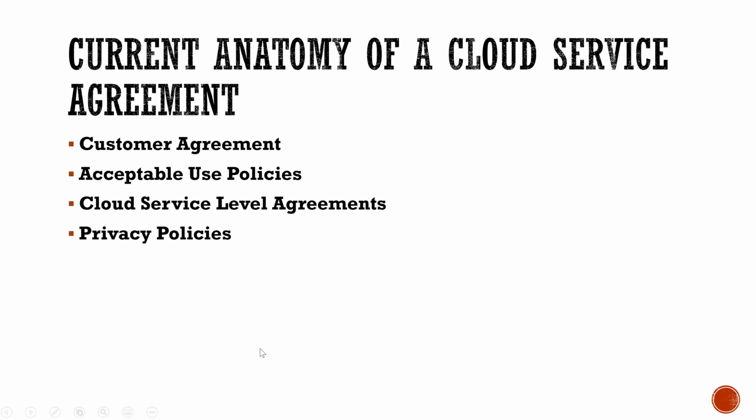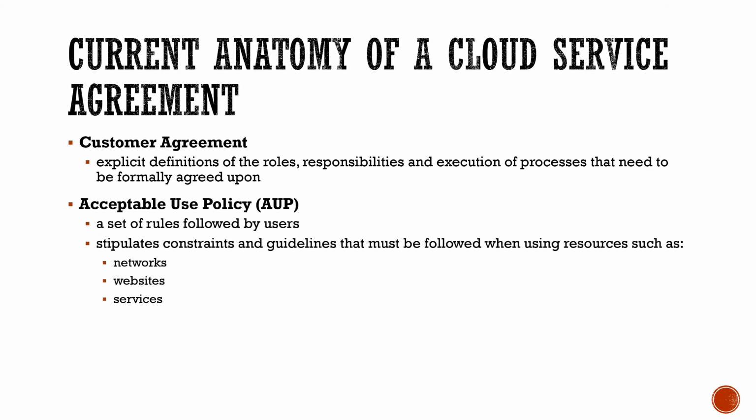In this week's discussion, we'll talk about the anatomy of a cloud service agreement, including 4 artifacts: the customer agreement, acceptable use policies, cloud service level agreements, and privacy policies. The customer agreement provides a definition of the roles, responsibilities, and execution of processes that need to be formally agreed upon.